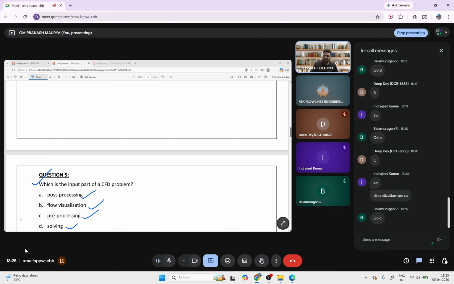Okay, so Bala is telling for question number 5, C option, pre-processing. Nice. Other students, please also try to write your answer. First, try to recall. If you do not know, you just Google and try to write here. While doing these kinds of things, you will remember for a long time, as I have told many times.